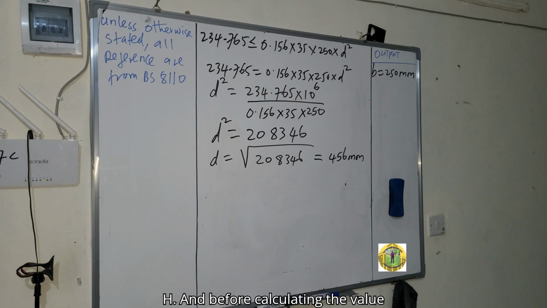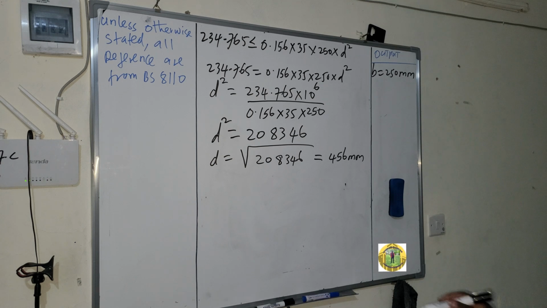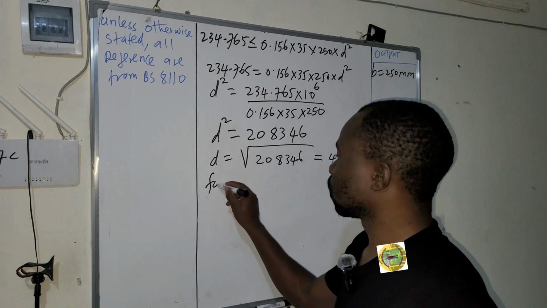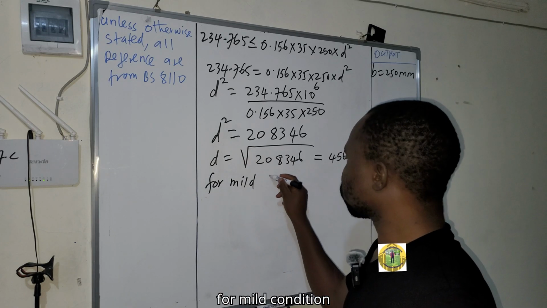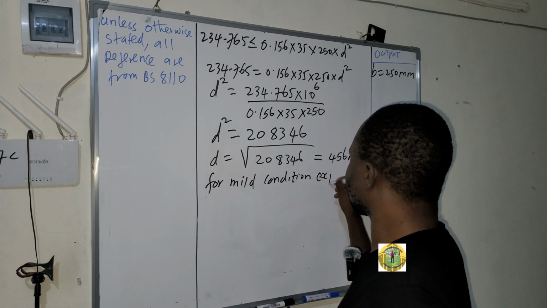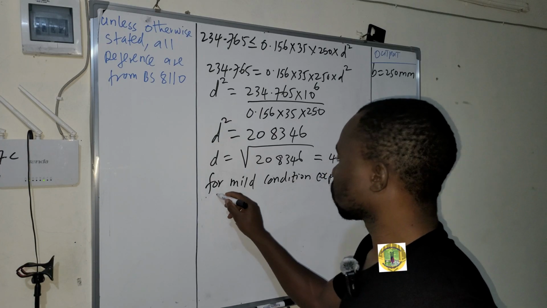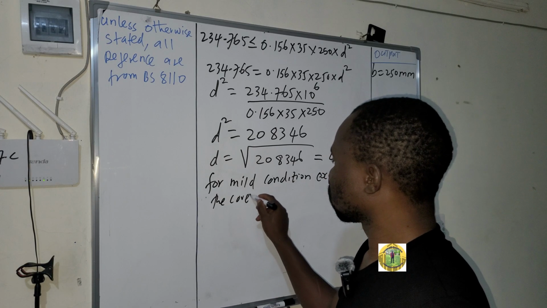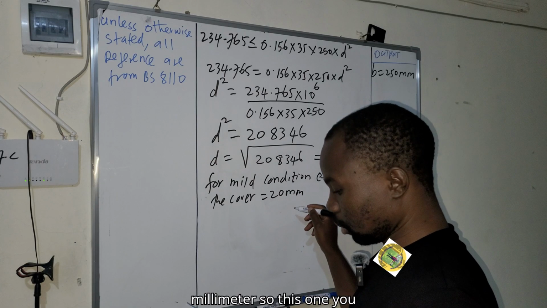Before calculating the value of h, let's provide a nominal cover to this beam. So for mild exposure condition, the cover is equal to 20 millimeter.